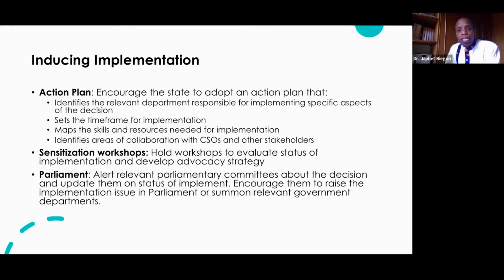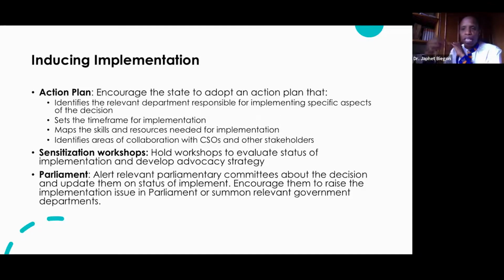So for instance, in the Endorois decision and also in the Ogiek decision, the day after the decision was issued, these communities organized huge celebrations that really put the spotlight and the media coverage on the decision, and became a national discussion within the country on the future of these communities in terms of their rights.